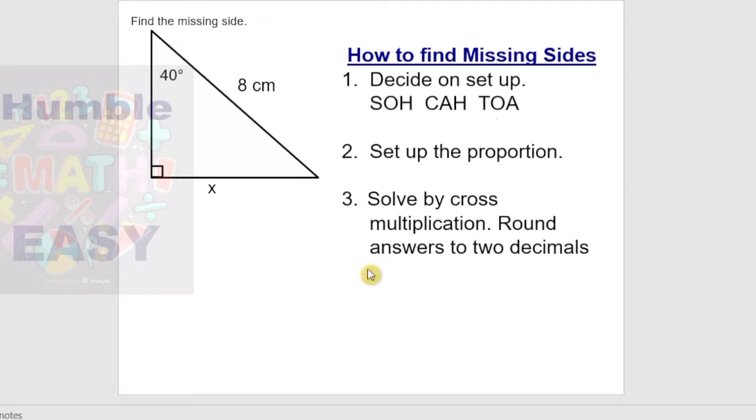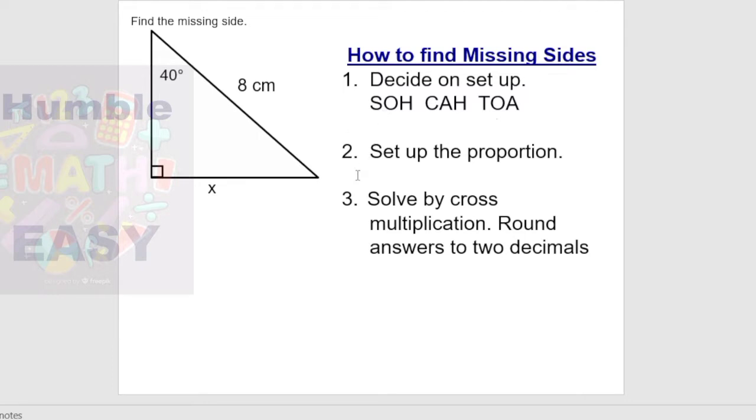The first is we're going to decide which among the three trigonometric functions we're going to work with, the SOHCAHTOA. SOH means sine is equal to opposite over hypotenuse. CAH means cosine is equal to adjacent over hypotenuse. TOA means tangent is equal to opposite over adjacent. So that is what it means by the SOHCAHTOA.